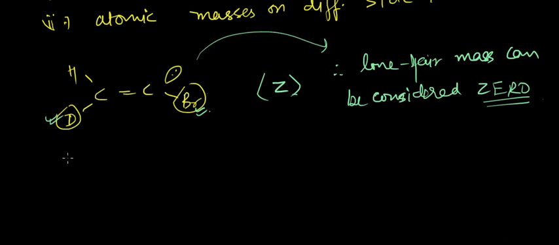Let us look into this example. So when the atomic masses are on the same priority, priority is decided on the basis of atomic number.